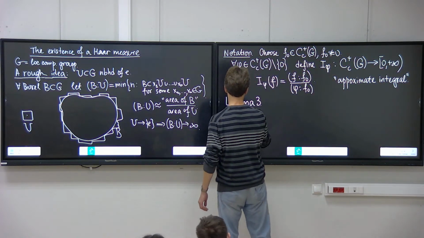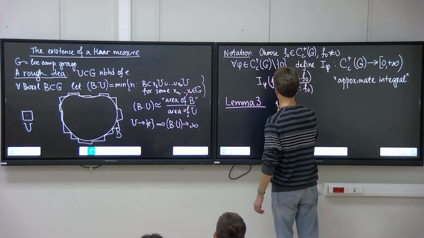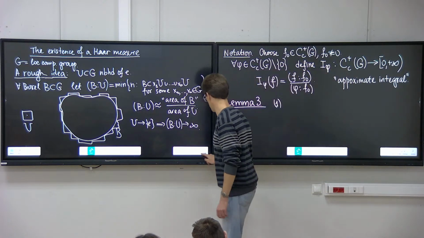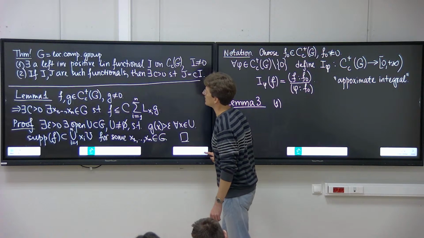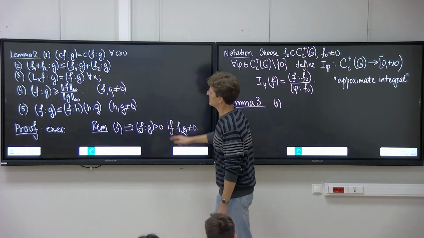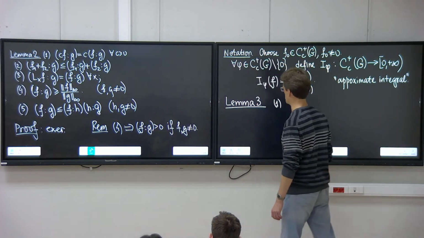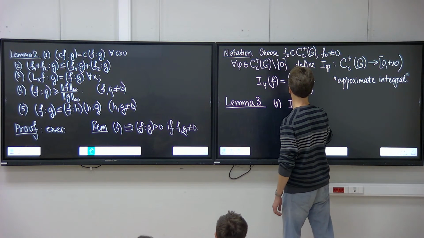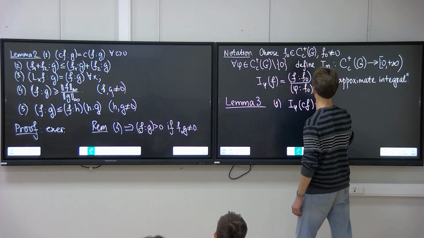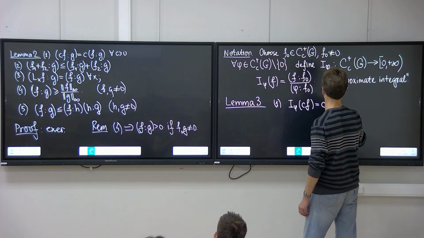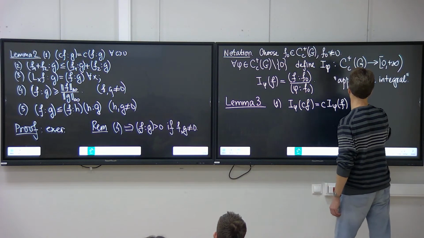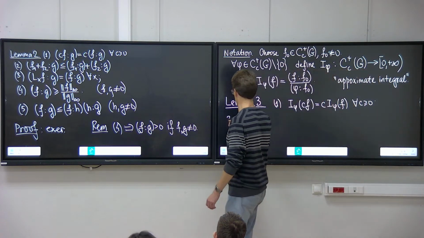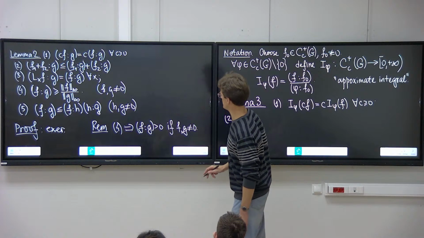Now, lemma 3. First, the approximate integral is just like the relative integral. It is positive homogeneous. It has the following property. Second, it is subadditive.